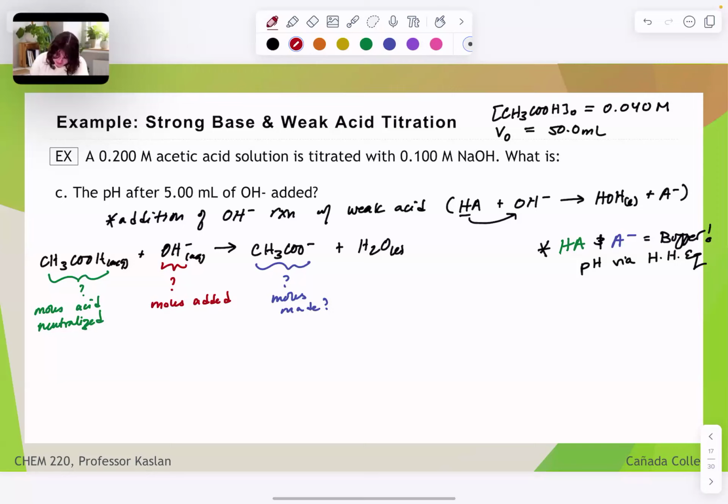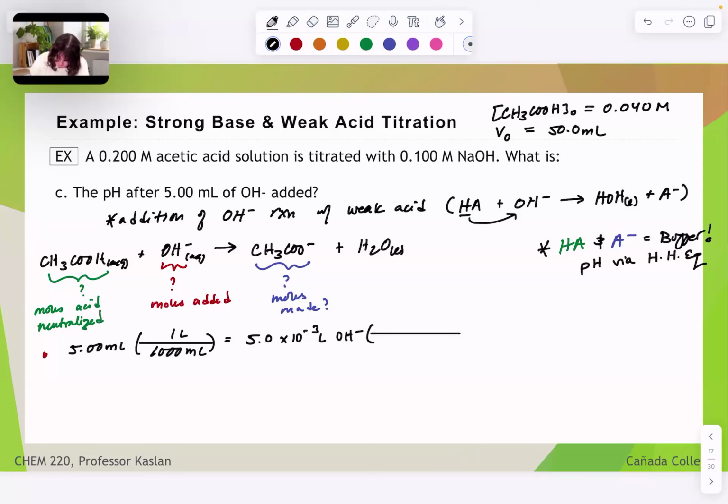So in that 5 milliliters of sodium hydroxide, let's first convert that volume to liters by dividing by 1,000. So that is 5.0 times 10 to the negative 3 liters of hydroxide.